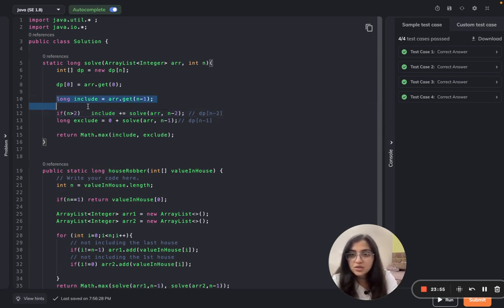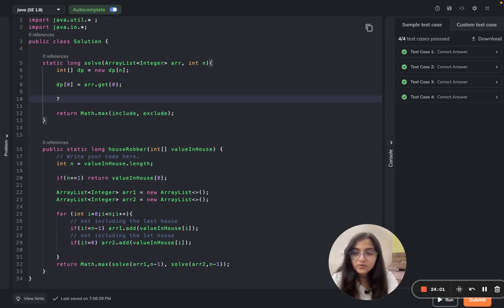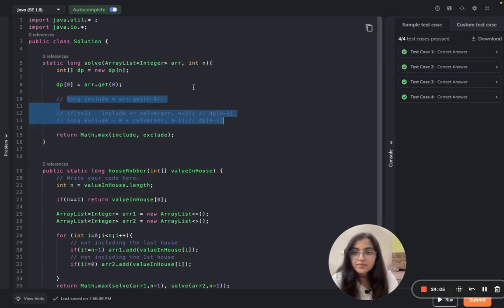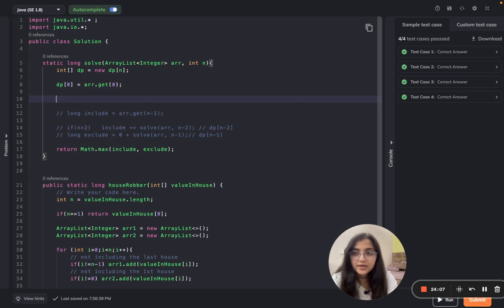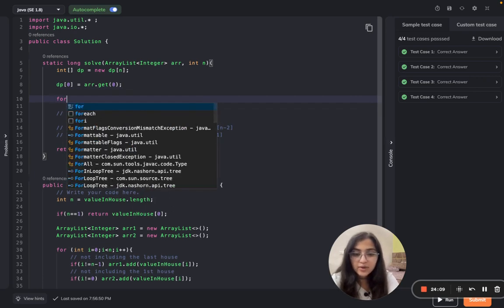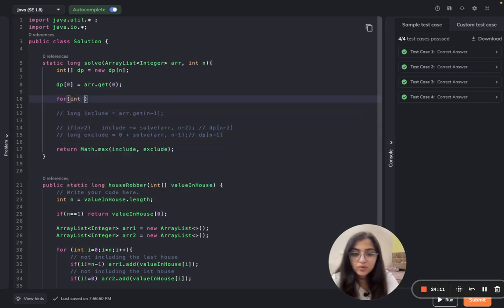That was all. So let me just comment out this code. I'll convert this code first, and then we'll remove this part, right? So let's start one by one. I'll make a for loop starting from 1. I should be less than n, and increment i.